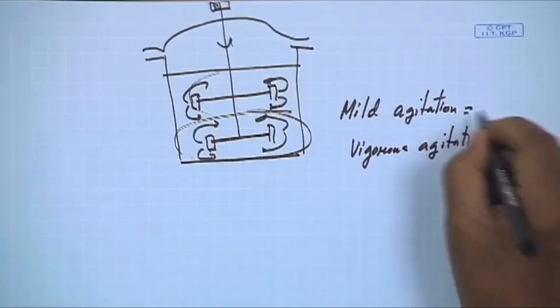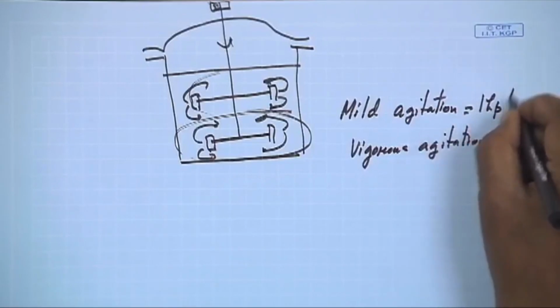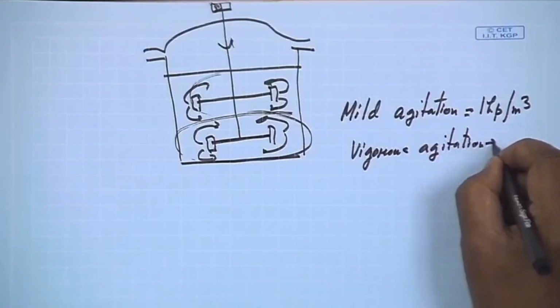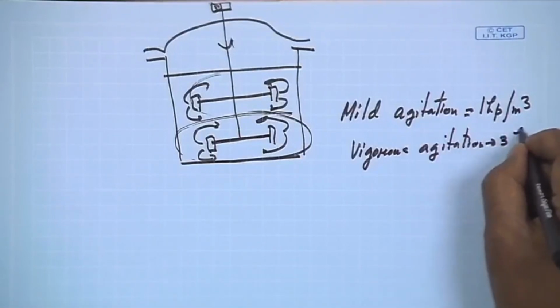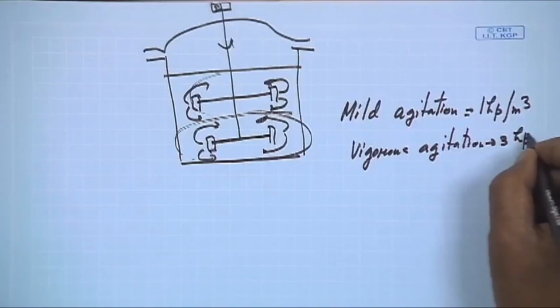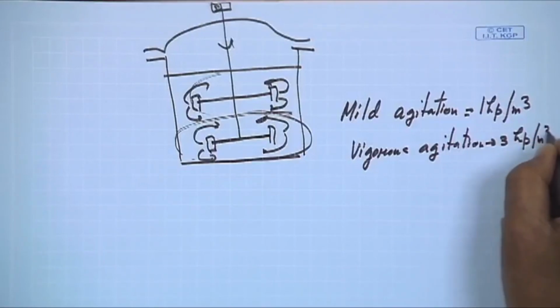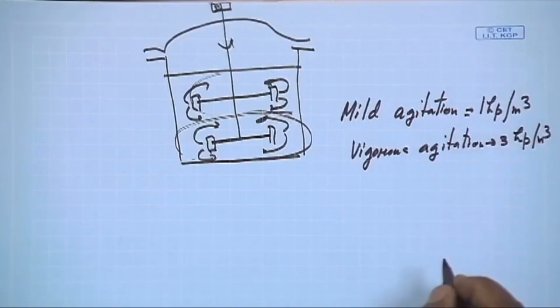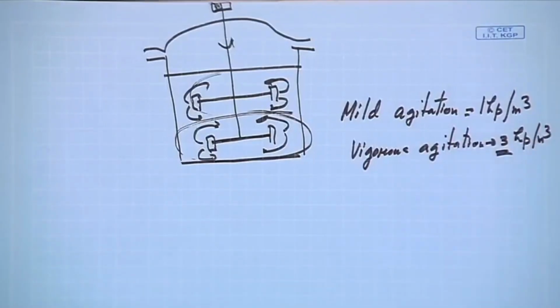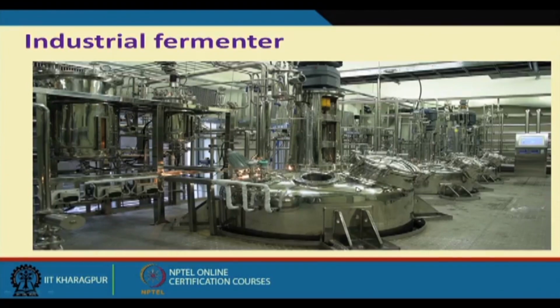For mild agitation the power requirement is approximately 1 HP per cubic meter volume of the reactor, and for vigorous agitation it is more than 3 HP, about 2 to 3 times higher. As I told you, I worked with a citric acid industry, and our vessel capacity was 200 cubic meters. So the power required for the agitator was around 200 HP. It's a very huge amount of power we have to apply.